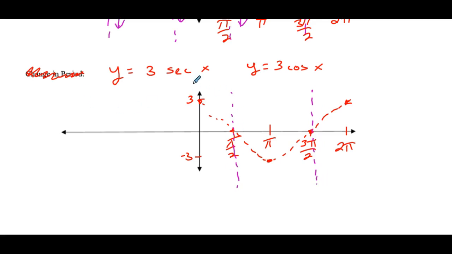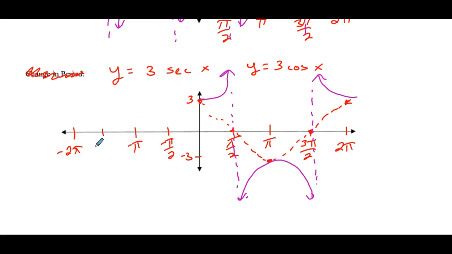And then we will touch off from there. We could go in the reverse order as well. So 2 pi, negative 2 pi, negative pi, pi over 2, negative 3 pi over 2.